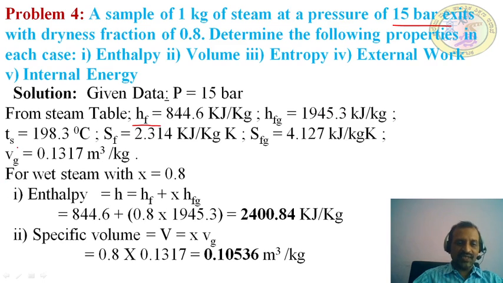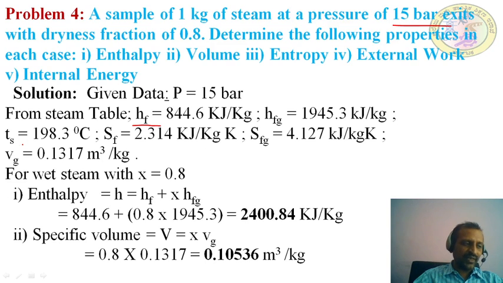Ts means saturation temperature. You need to note down the saturation temperature also. Why is the saturation temperature required now? Because he has asked you to find different properties here. After the pressure, the next immediate column is the saturation temperature column.